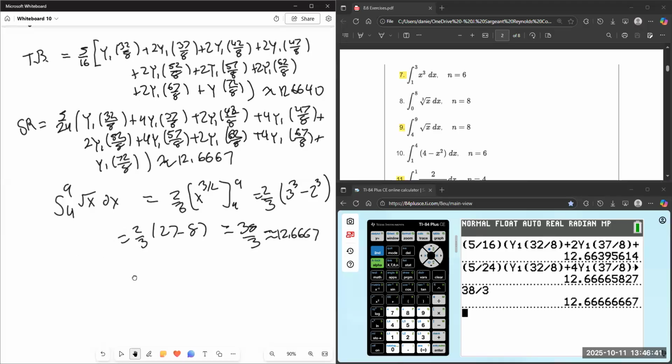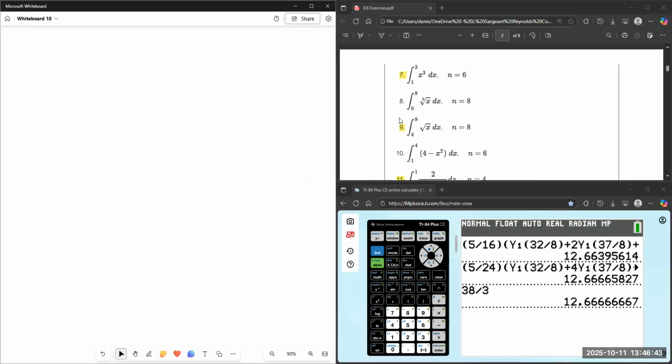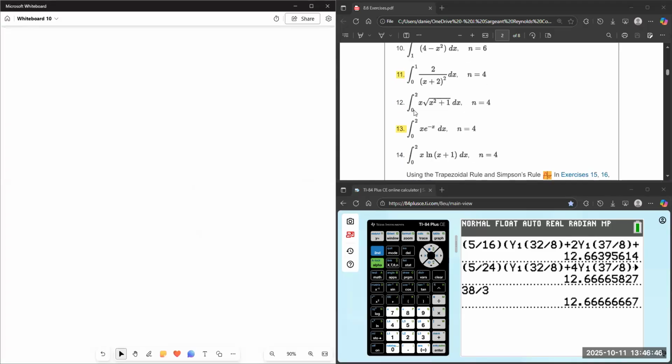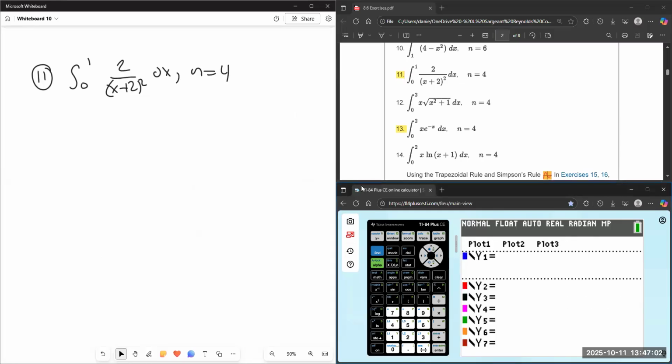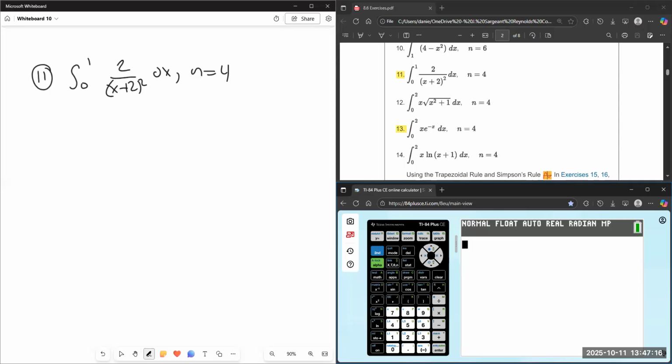All right, let's look now at number 11. 11 says integral from 0 to 1 of 2 over x plus 2 quantity squared dx, n equals 4. Clear, y equals 2 divided by x plus 2 quantity squared, and delta x is equal to 1 minus 0 over 4.